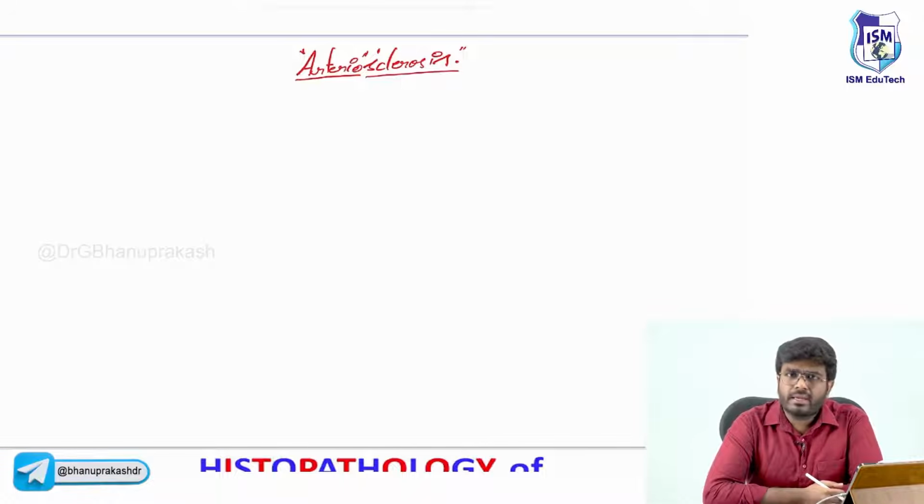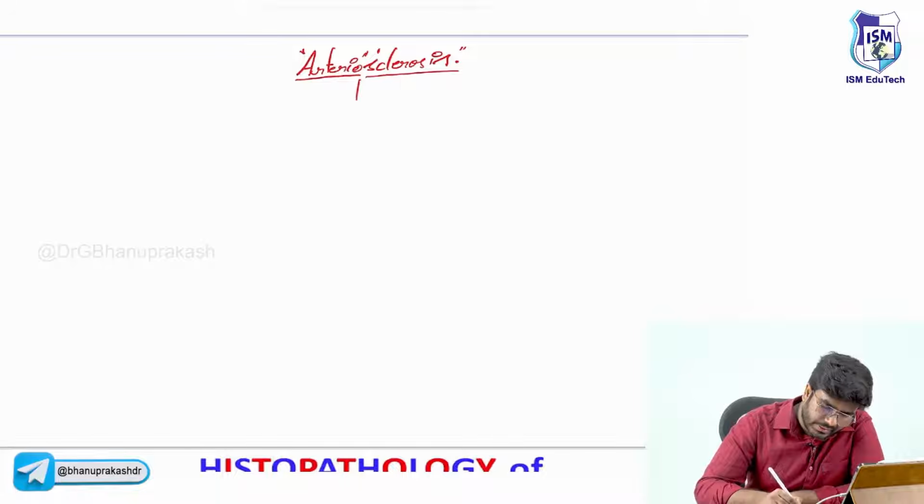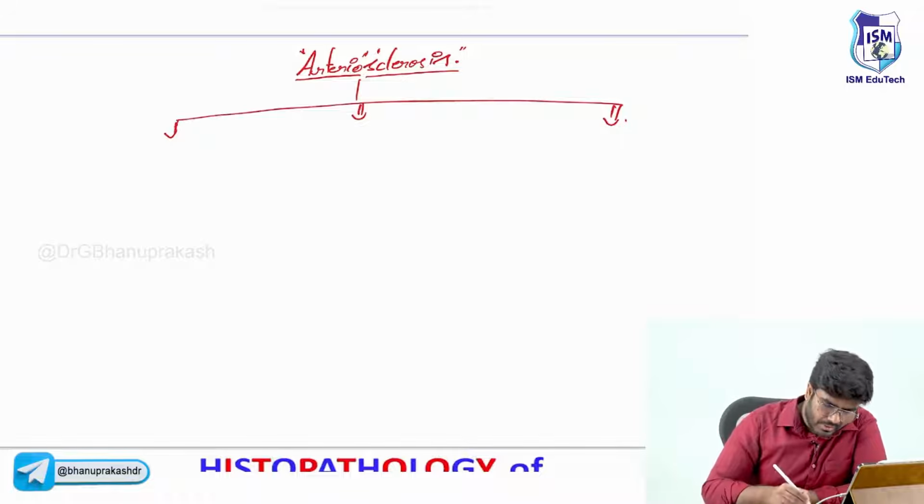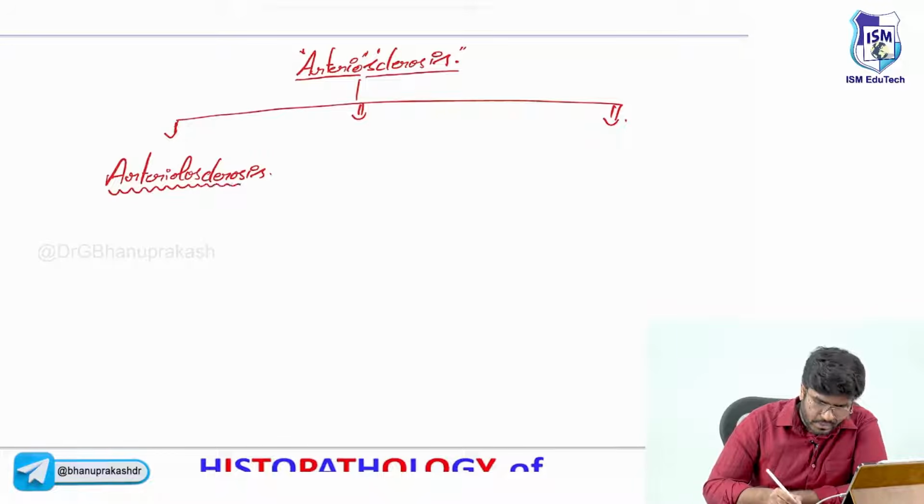Now you can ask me, how many types are there and why are the blood vessels getting hardened? There are three types of arteriosclerosis. The first is arteriolosclerosis, which means the arterioles are getting hardened.